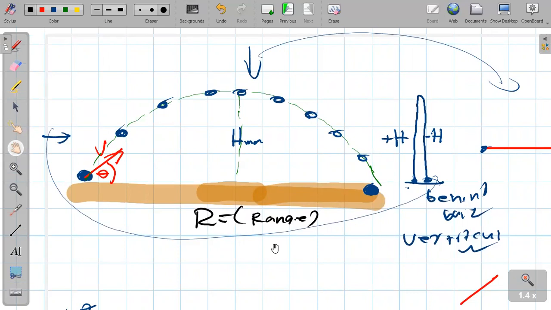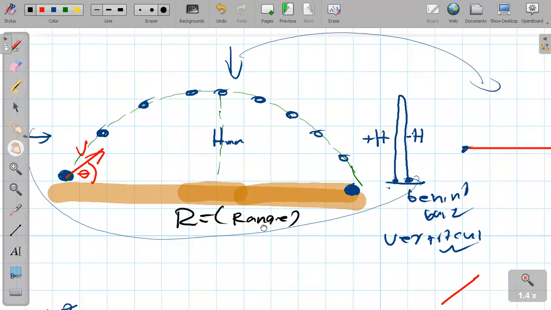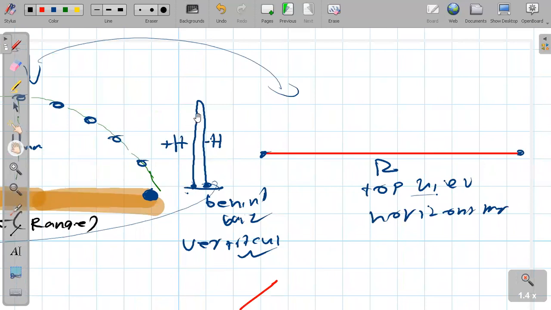According to this trajectory, the object travels a vertical component as well as a horizontal component as following. Write these two separately: vertical component and horizontal component.